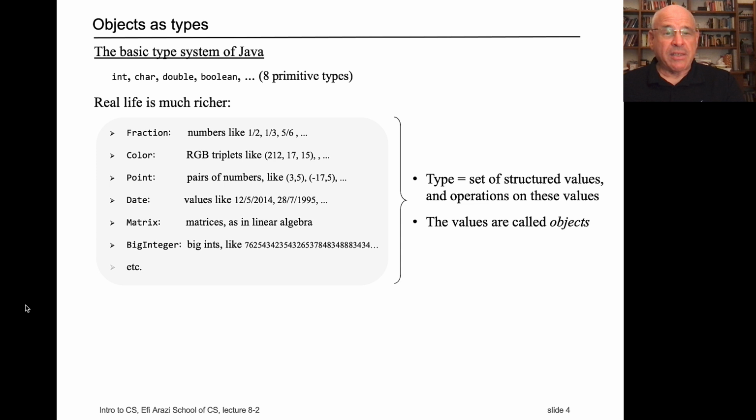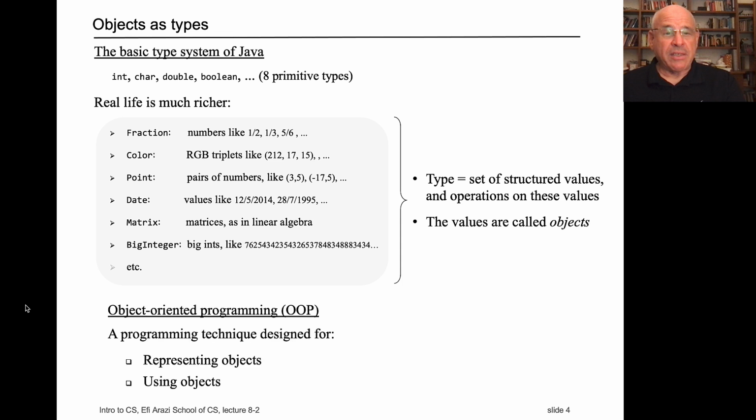So for example, each matrix object you can think about as a two-dimensional table. So these are the values that I can represent, and they are unlimited in terms of size. And there are all sorts of interesting operations that I may want to apply on these matrices. Now, the values that I just discussed are called objects. And object-oriented programming is the art of representing such objects and manipulating them in some clever and useful way.